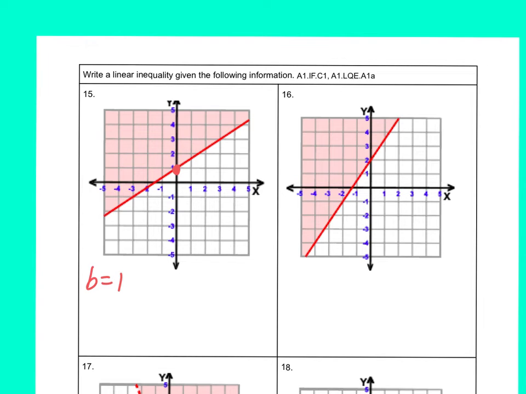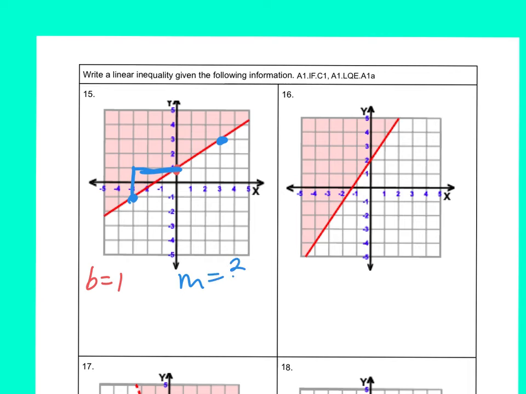-2, or 2 over 3. How about this point? Or -3, -2, is that what you meant? Yeah. Okay. That's fine. So rise over run to get from one point to the other. I'm gonna rise 2, run 3.